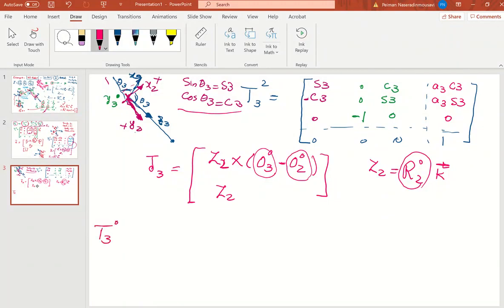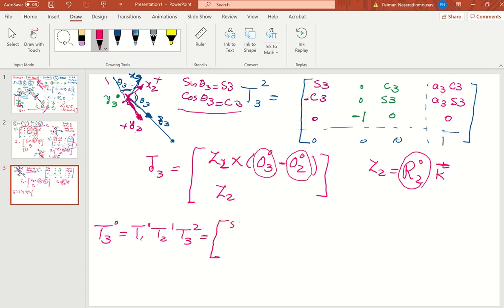T3, the end effector with respect to frame 0, is, as I told you, T1 with respect to 0, T2 with respect to 1, T3 with respect to 2. So we have all of them.